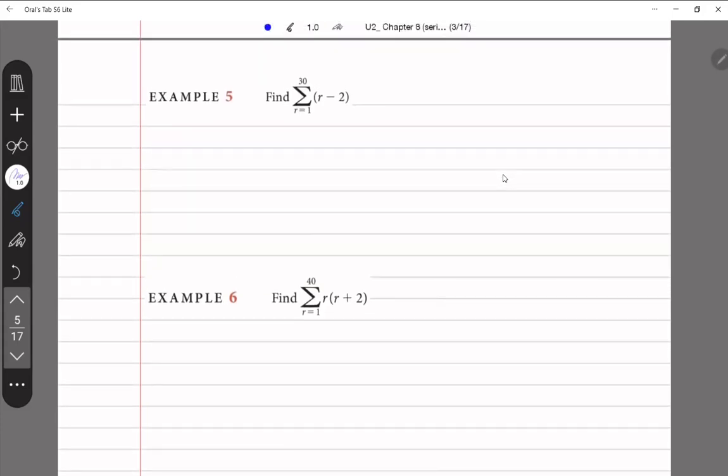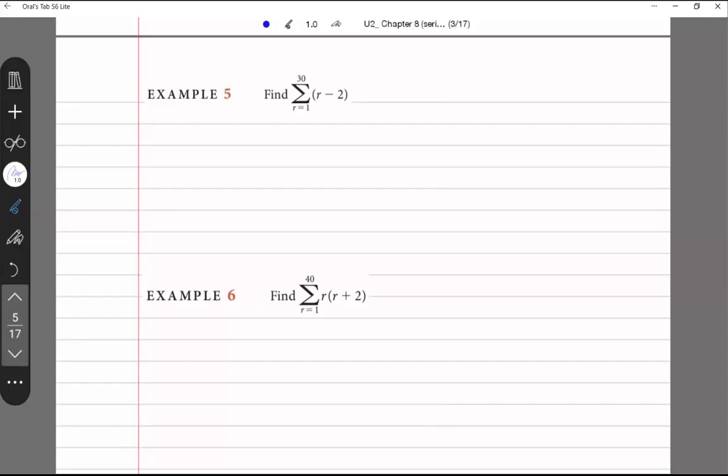All right, so the next thing we can do is have a look at examples 5 and 6. Example 5 says, find the sum from r equals 1 to r equals 30 of r minus 2. This is the same as saying the sum from r equals 1 to 30 of r minus the sum from r equals 1 to 30 of 2.